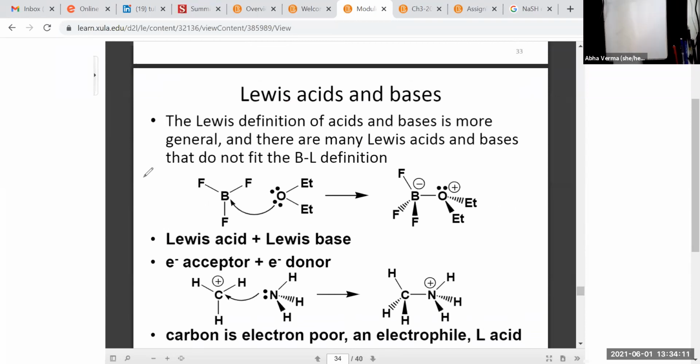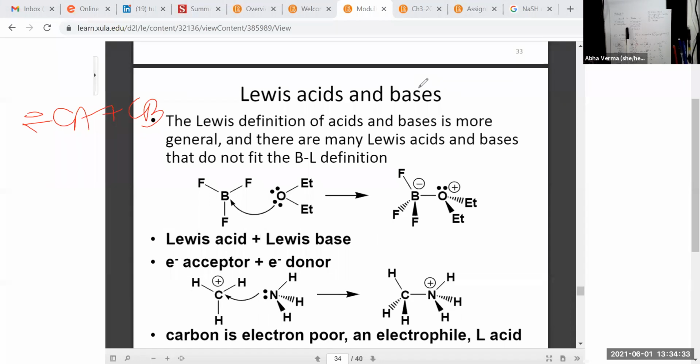Are you all able to see my screen? Yes, thank you. For most of the time, your acid-base reactions will give you a conjugate acid and a conjugate base. That is what usually is the case.